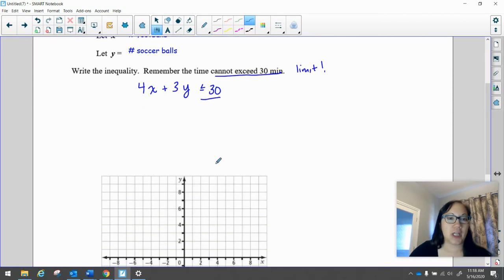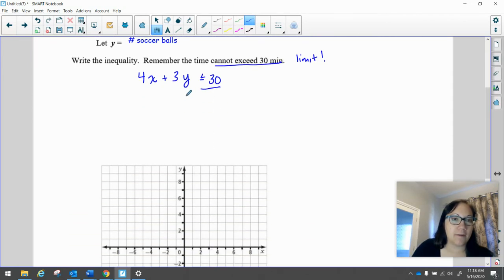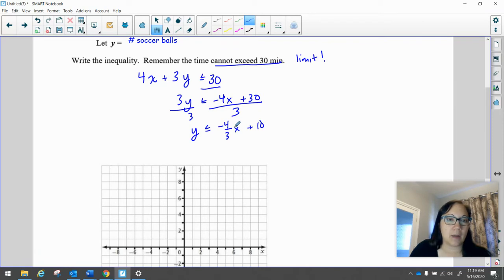Let's go ahead and change that into y equals mx plus b form. So I'm going to move the 4x over to the right side. I'm going to divide everything by 3, and I end up with y is less than or equal to -4/3 x plus 10. Don't forget the 30 gets divided by 3 as well.